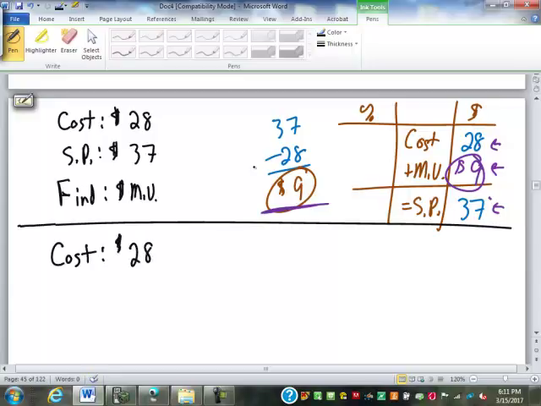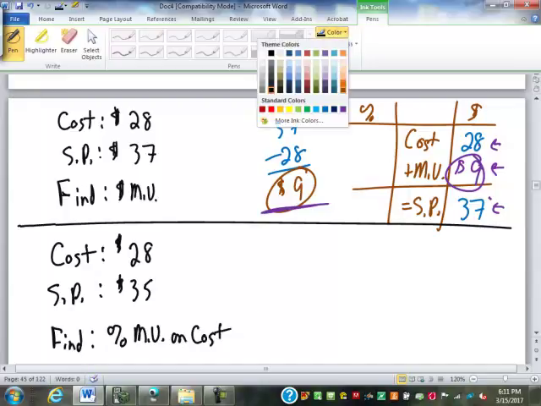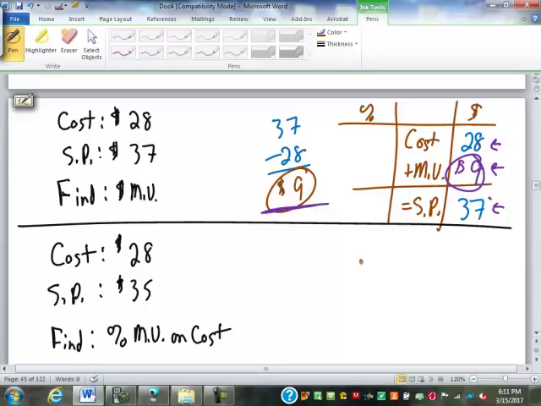So if our cost is $28 and our selling price, this time we're going to make the selling price $35, find the percent markup on cost. Now we're going to have to do a little more work. So cost plus markup equals selling price again.